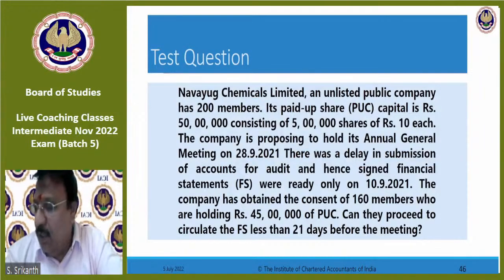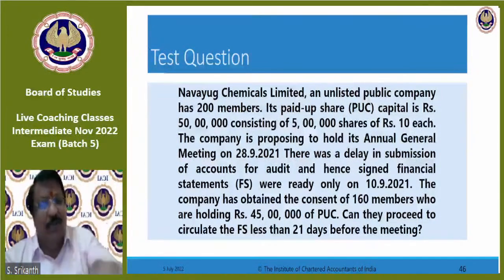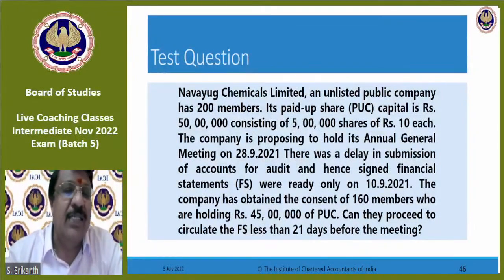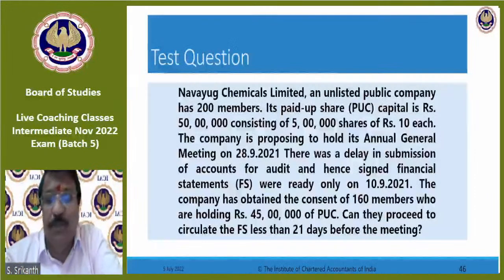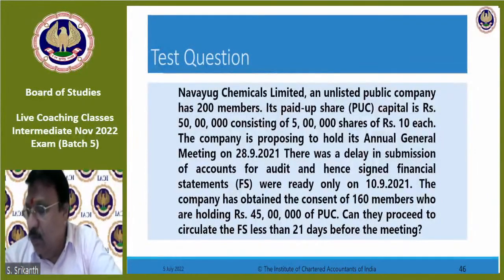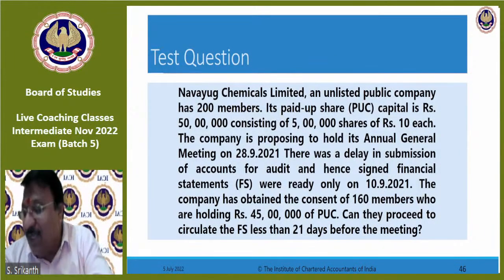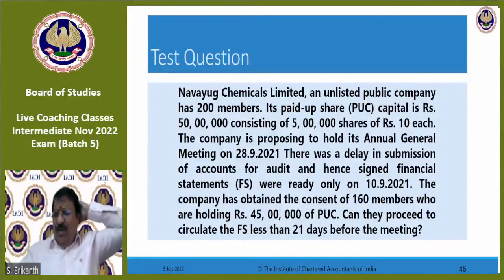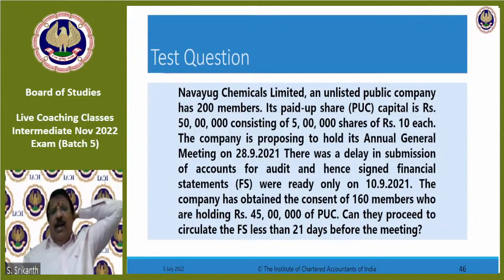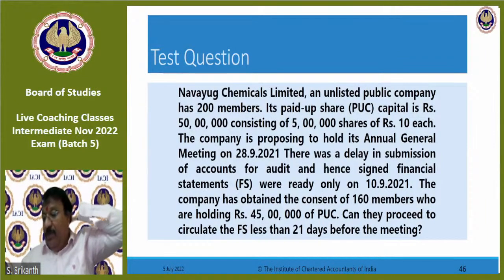You are saying 90%, which is the correct number. 45 lakhs is 90% of 50 lakhs, whereas the required percentage is 95. So no, they cannot proceed, as although they are in majority, they do not hold the required 95%. Of course, you can write 90%, which is less than 95%, like that.